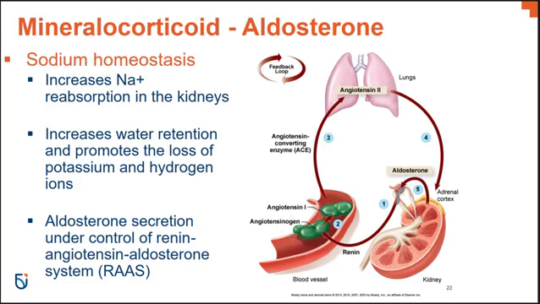Then angiotensin 1 gets converted into angiotensin 2 at the level of the lungs. But it can only convert to angiotensin 2 if it first comes into contact with angiotensin converting enzyme, also known as ACE. Angiotensin 2 will then circulate to the adrenal cortex on top of the kidney.